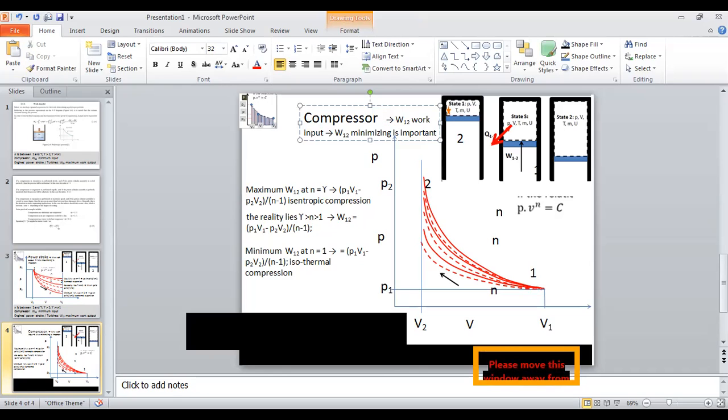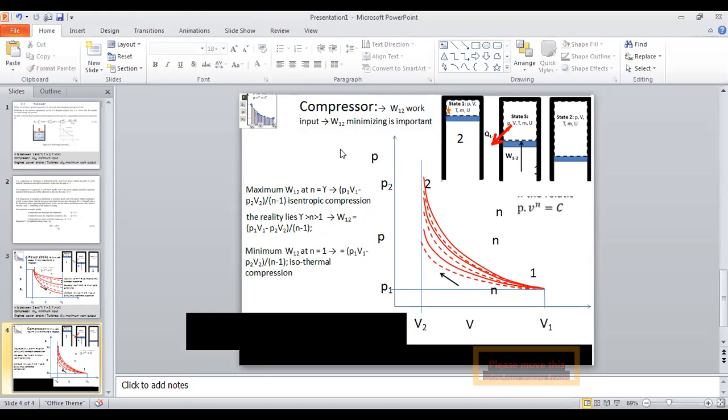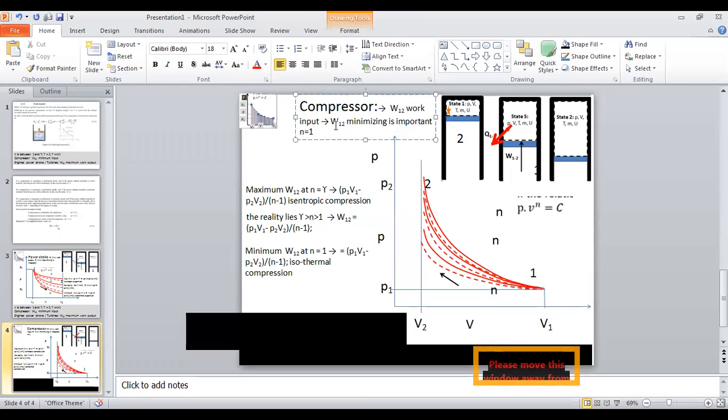So the work input, W12, minimizing is important. So minimizing means n equals 1. That is isothermal.